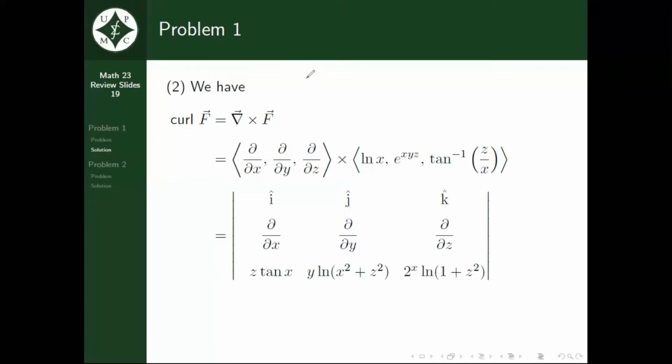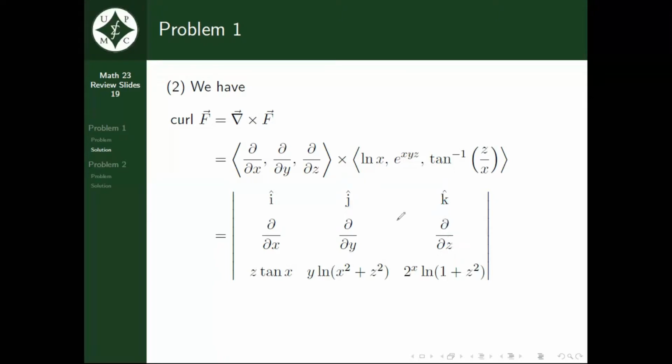For the third component, this is now similar to the first component. So we cover up the third column, and then the usual cross multiplication. Partial derivative minus partial derivative.